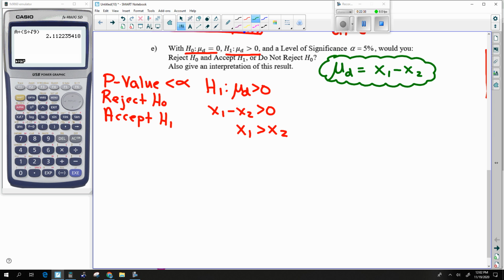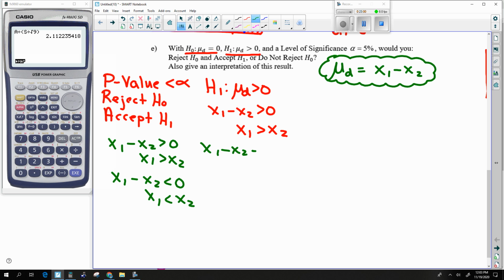So what are all the different alternatives we could potentially have? We said x1 minus x2 is greater than 0, so that means x1 is greater than x2. Easy peasy. We could have x1 minus x2 is less than 0, so x1 is less than x2. We could have x1 minus x2 is equal to 0, so x1 is equal to x2. We could have x1 minus x2 is not equal to 0, which means x1 is not equal to x2.